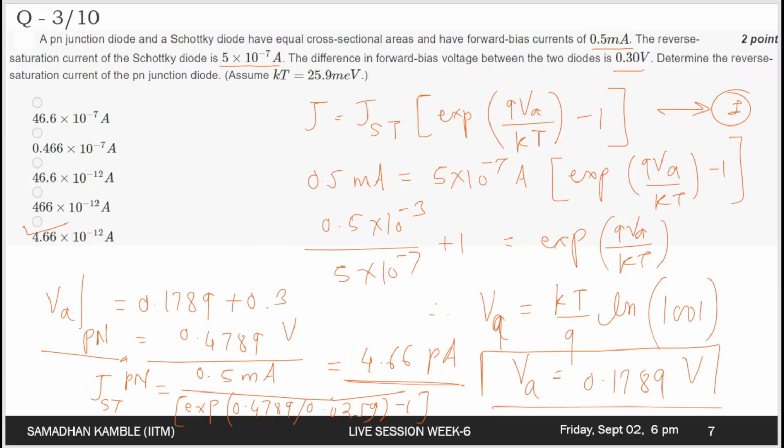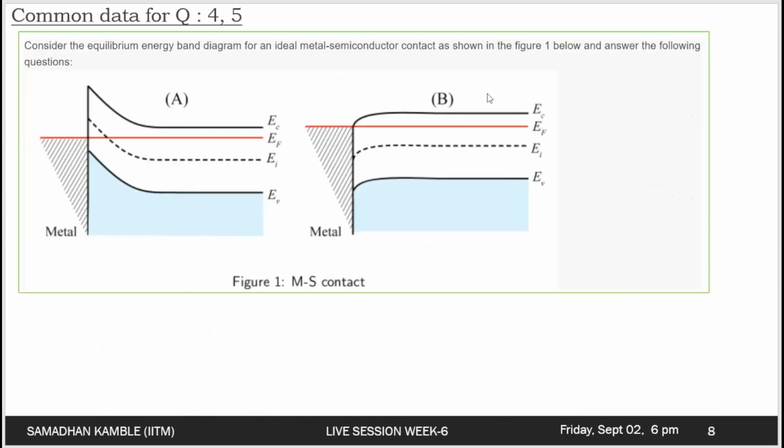Okay, so going to the next question. This is again common data for question number 4 and 5. I'll read it out for you. Consider the equilibrium energy band diagram for an ideal metal semiconductor contact as shown in figure 1, and answer the following questions.